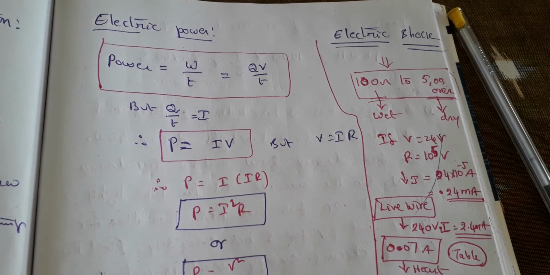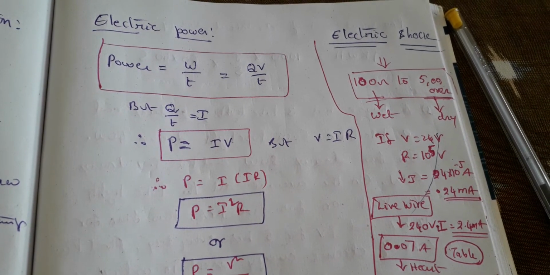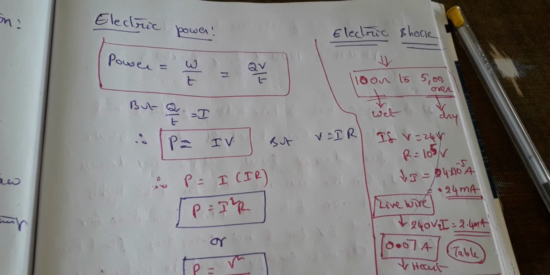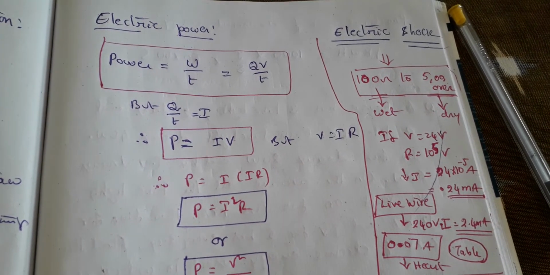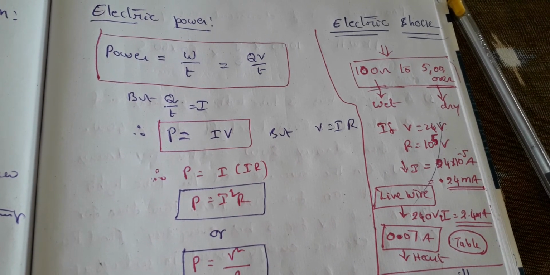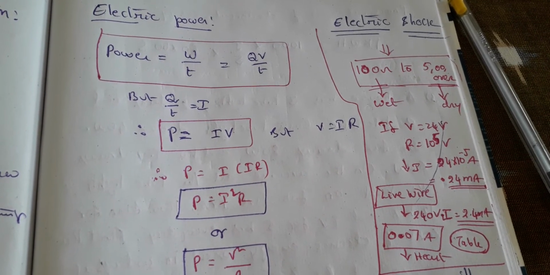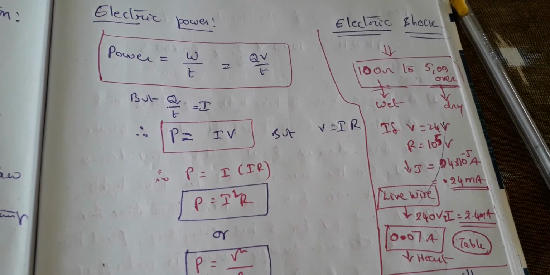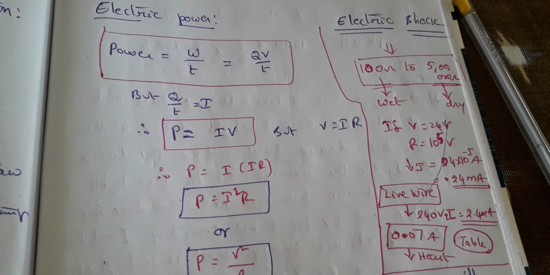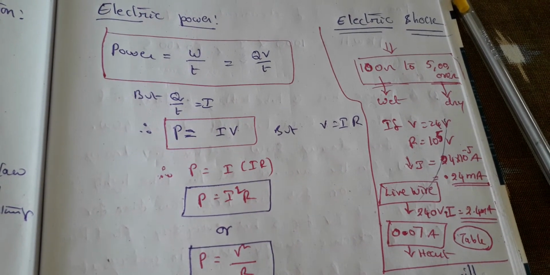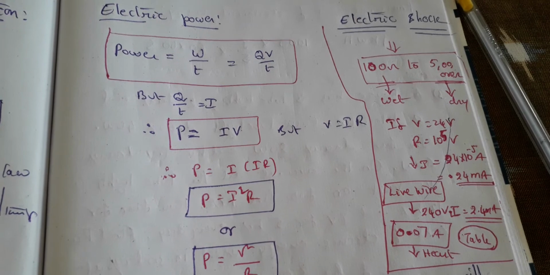And thus the current is equal to 2.4 into 10 power minus 5 amps, that is 0.24 milliamps, or you can say 0.00024 amps. That means before 24 you have 3 zeros. Only that much current flows inside our body, and thus it will not get much affected.